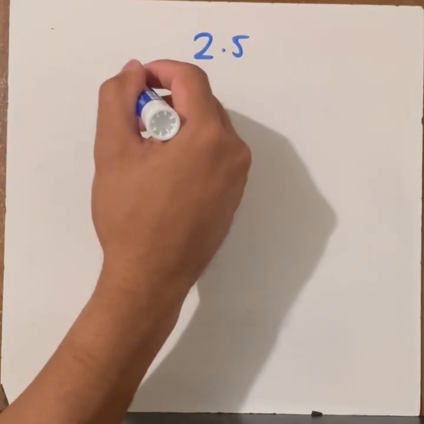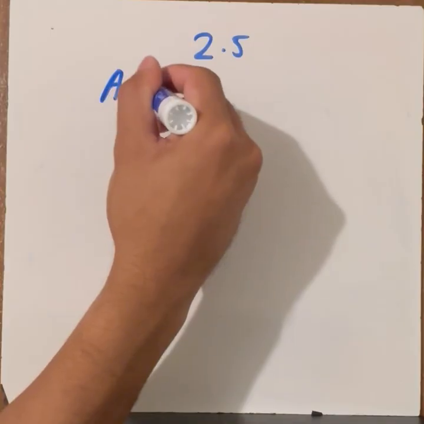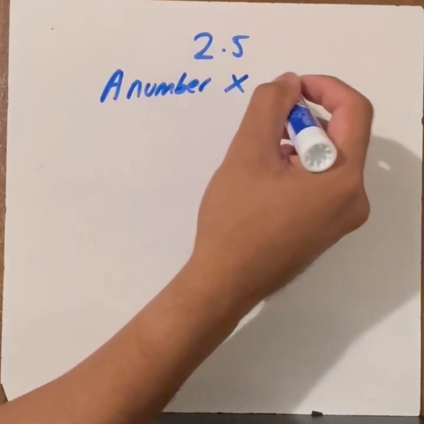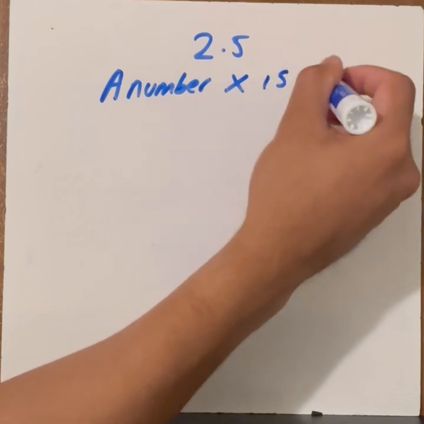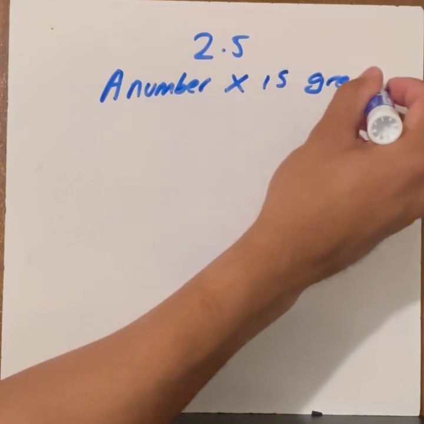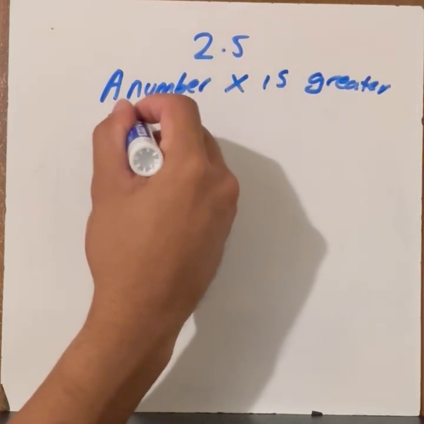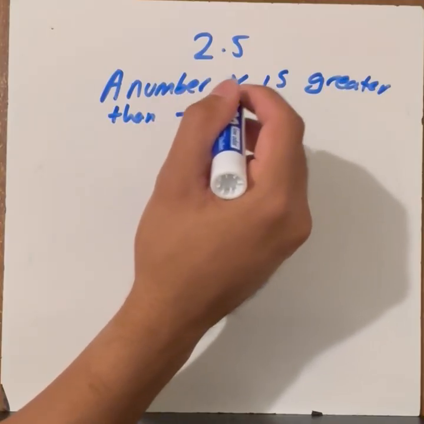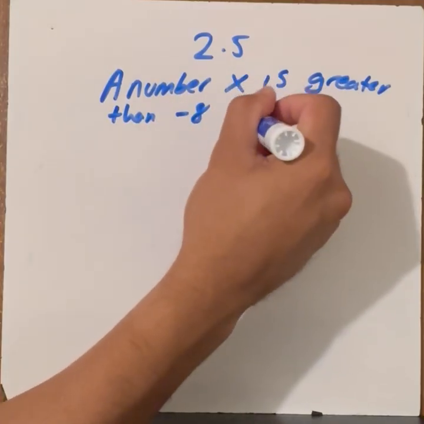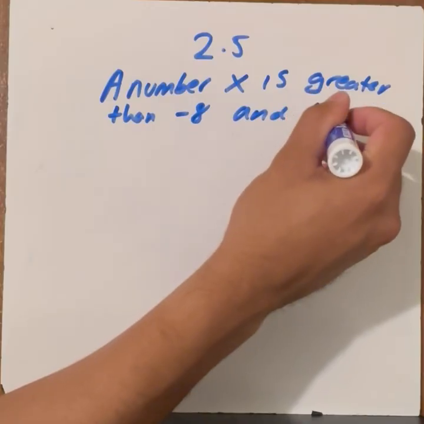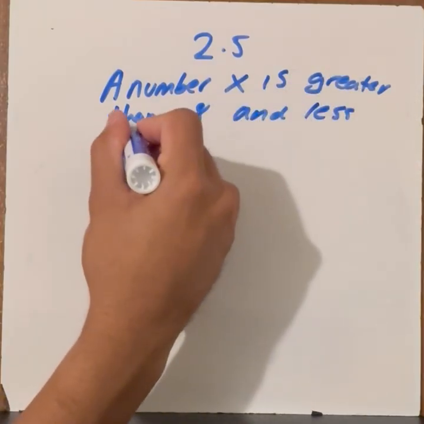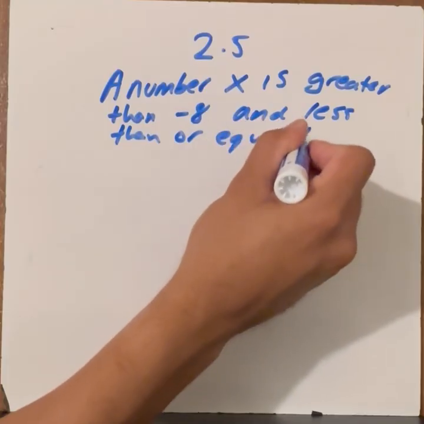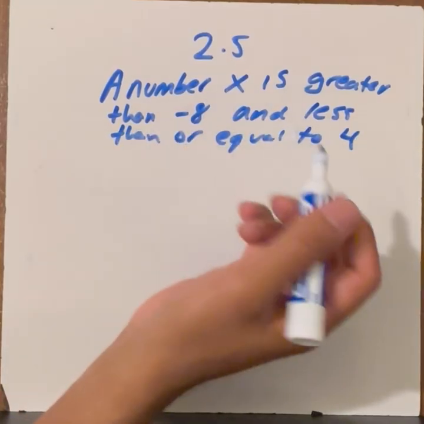So let's say that we had a number x is greater than -8 and less than or equal to 4. There's a couple things going on here.